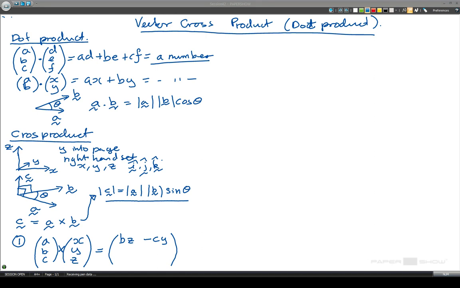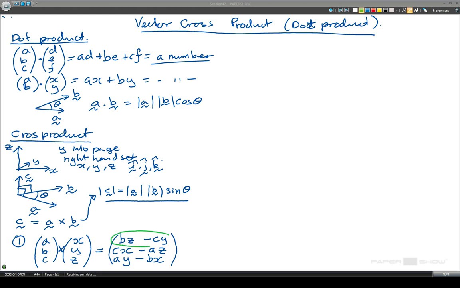Now the next line, the middle line, again it's a bit like a 2 by 2 determinant, but this time it's CX minus AZ, and then for the bottom line it's AY minus BX.